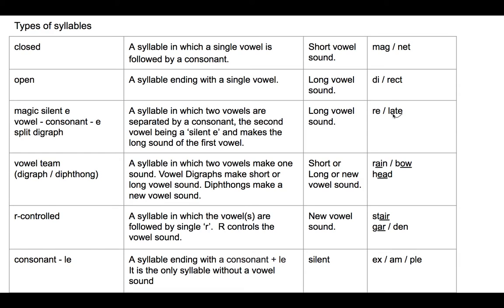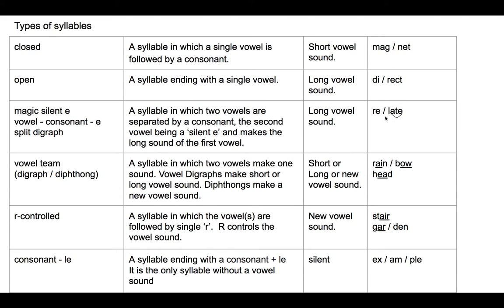Here A and E are split digraphs and you could see the pattern vowel, consonant, E. And this E is a magic E because it changes the sound of the first vowel from short to long. Usually when a vowel is followed by a consonant, it becomes a closed vowel, so it will have a short vowel sound. But this magic E changes its short sound to a long sound, and so it is known as the magic E.